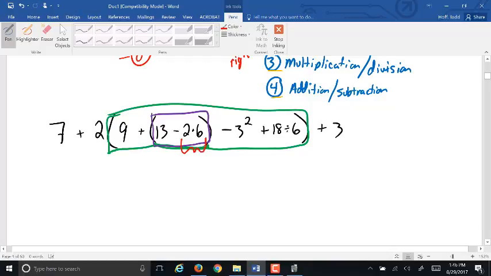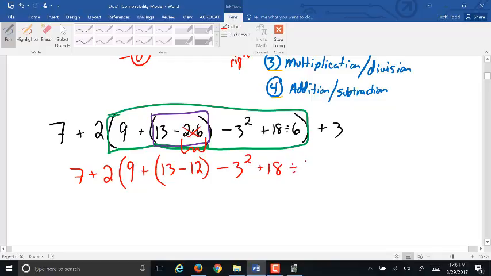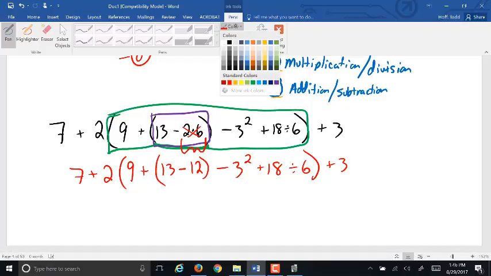2 times 6, which is going to give us 12. So take out the 2 times 6 and replace it with 12. Nothing else changes. So we erase the rest of the problem and replace that 2 times 6 with 12.